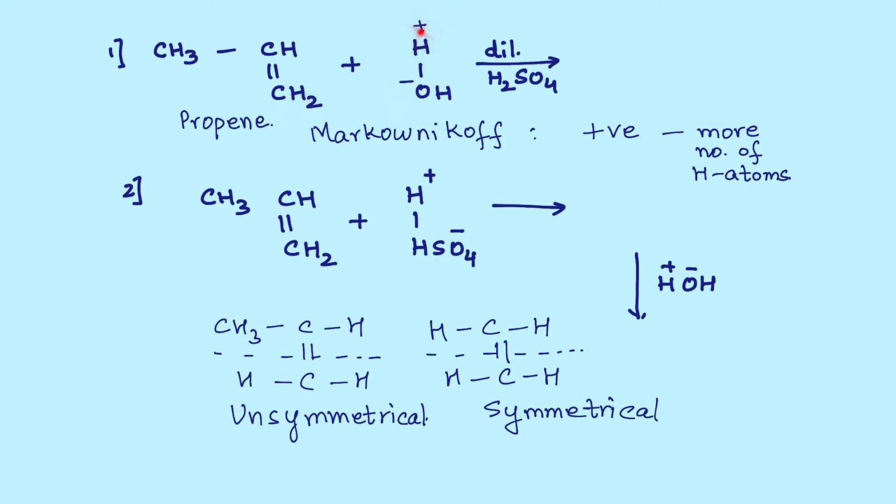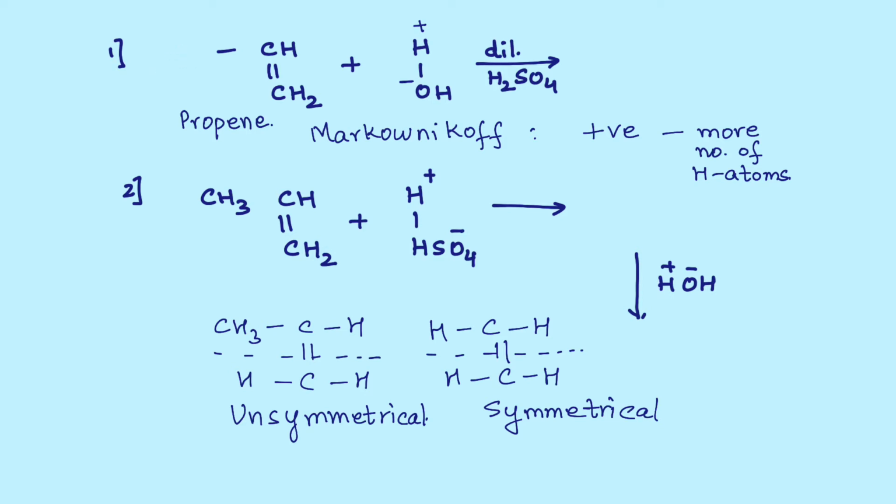So the positive part of this reagent will go to the doubly bonded carbon bearing more number of hydrogen atoms. Question: why doesn't the positive hydrogen go to the carbon bearing three hydrogen atoms over here? Yes, it is fully saturated.